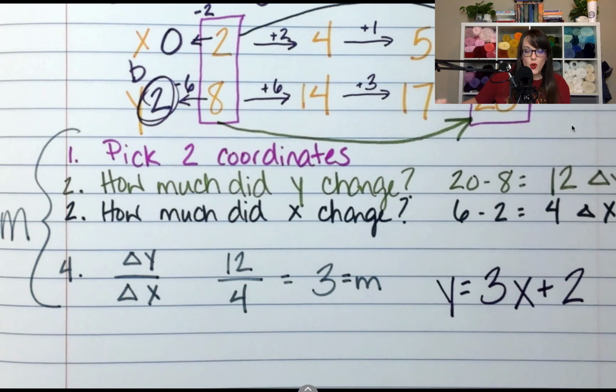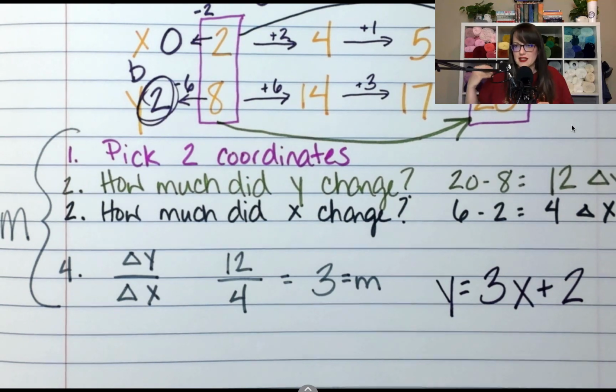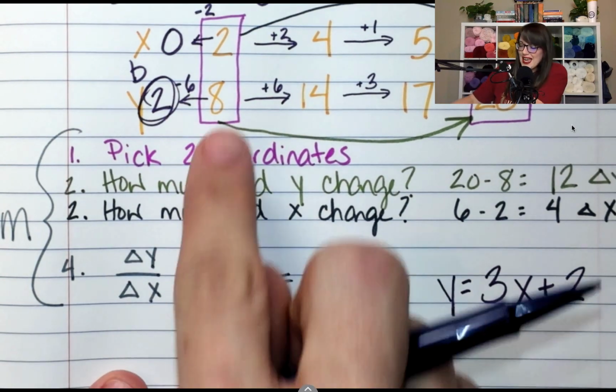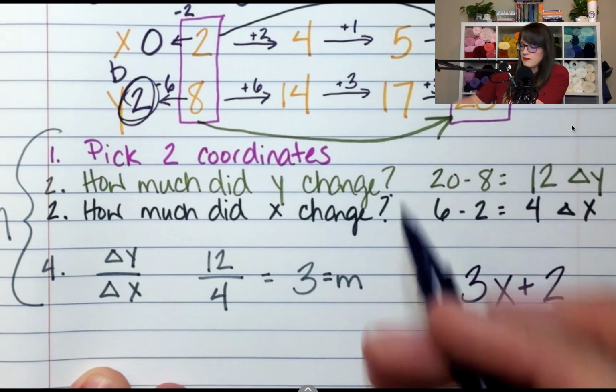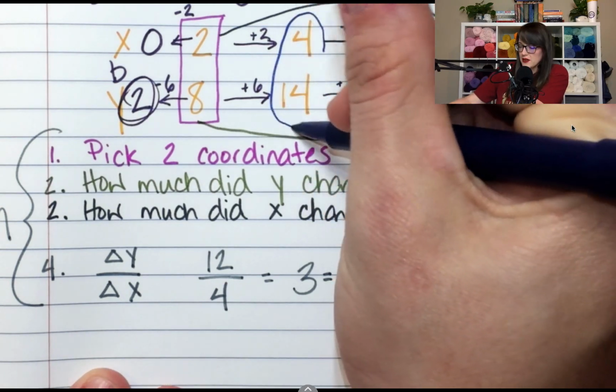Now, what that equation does and how I can check it, and we're getting into a part of math that's kind of cool because you can always check your work. And it's work that you can check because you created it and it works. So if I take an x from the table, let's test 4 and 14.